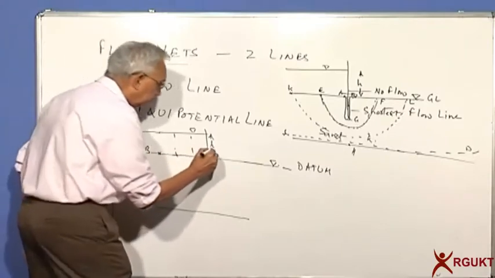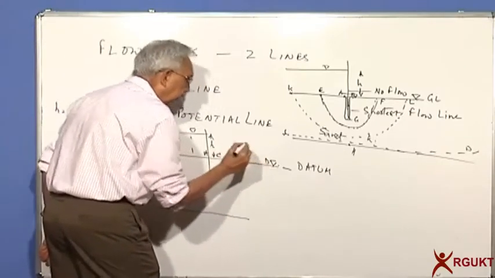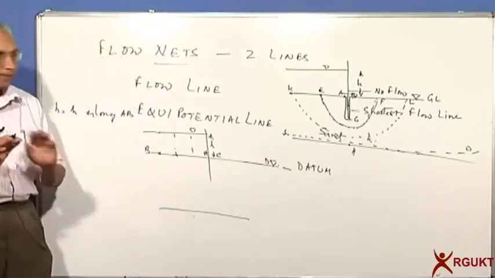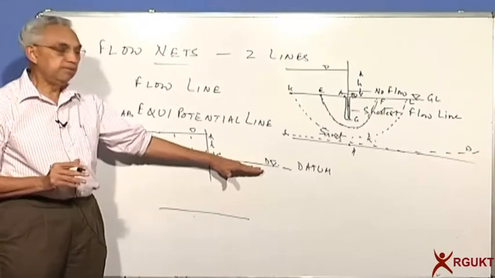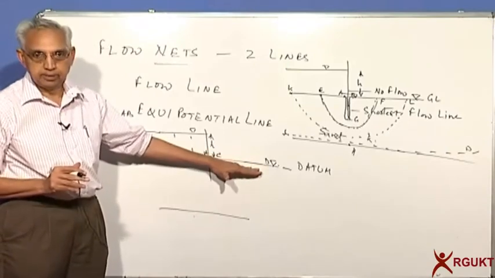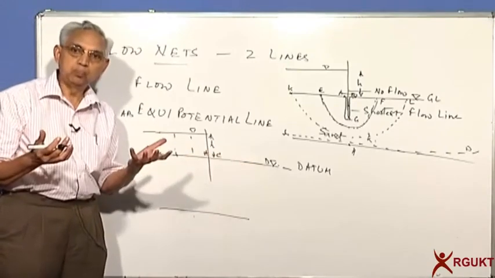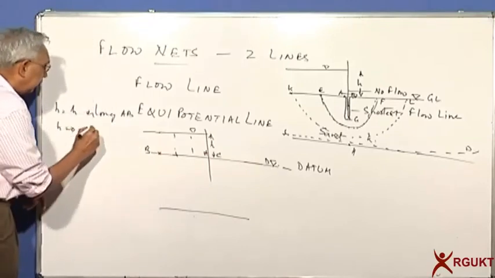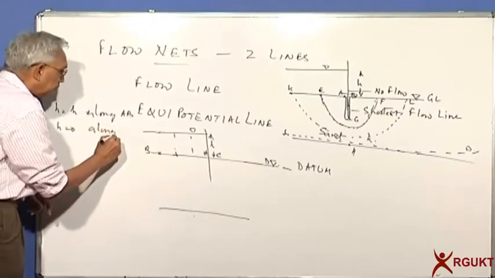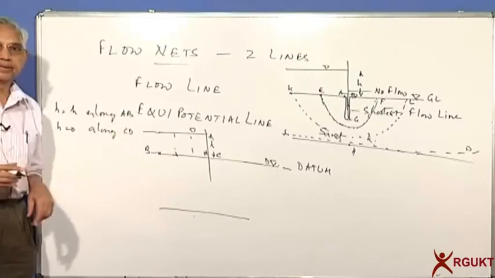Can you tell me what will be the potential along this line CD on the downstream side? The datum is at ground level, the water level is also at the ground level, so there is no potential at all. So H is equal to 0 along the downstream side line CD.